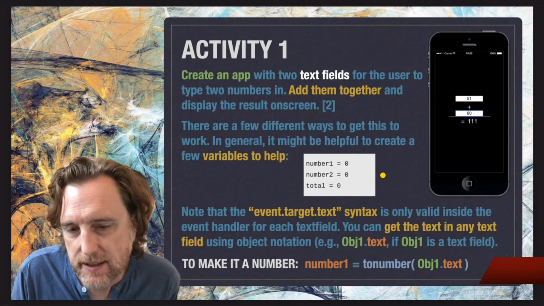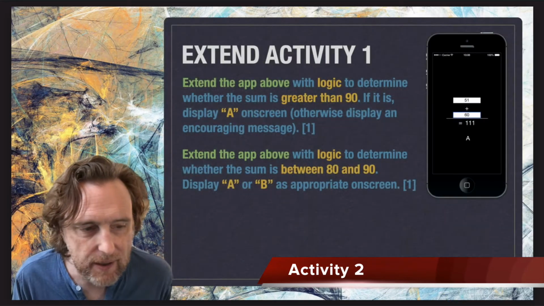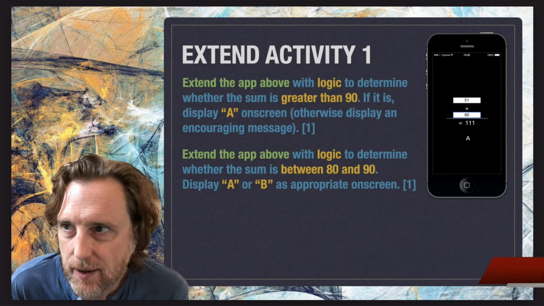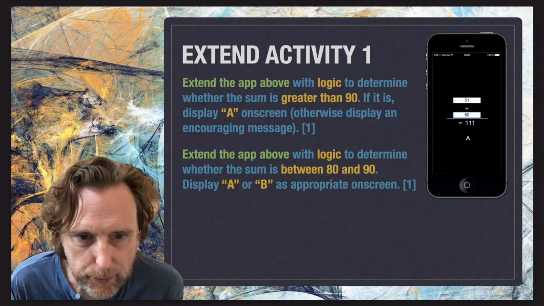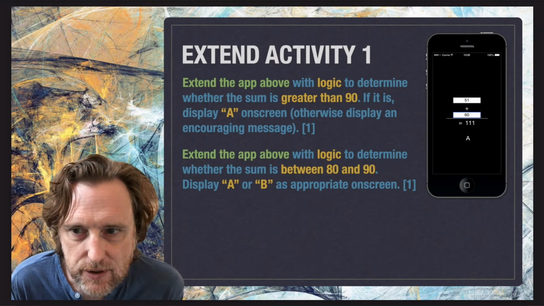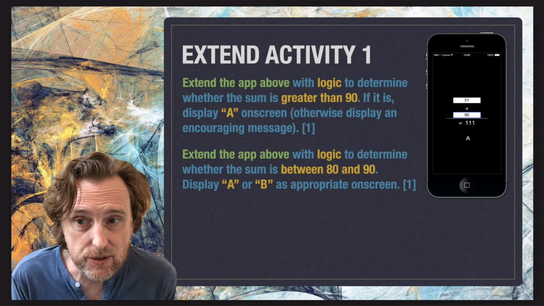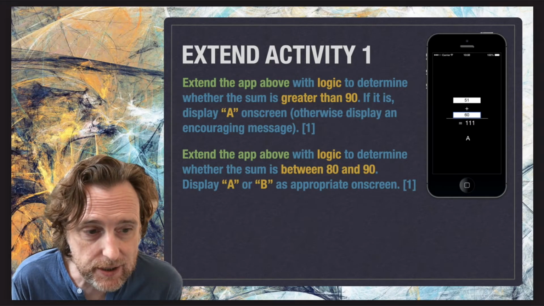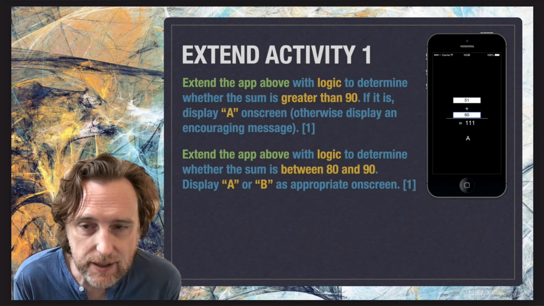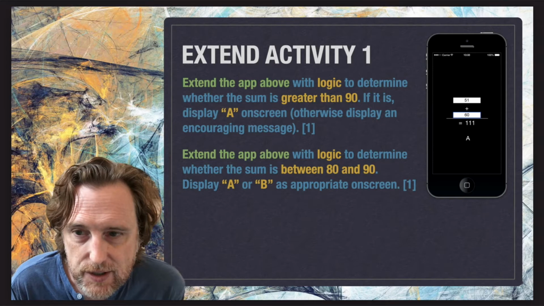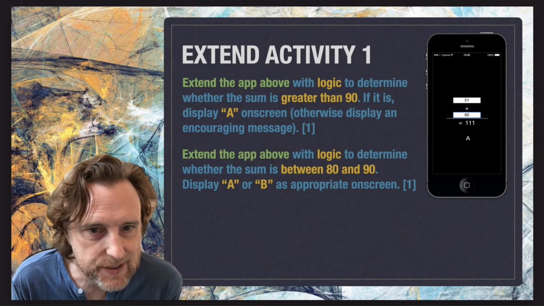So the next step is to do a little activity, but I want to leave that for you guys to do for a bonus galleon if you want to. So the activity is just to do a little bit of logic. I would do it inside of the calculate function, and just see if the total is, I say here, above 90.